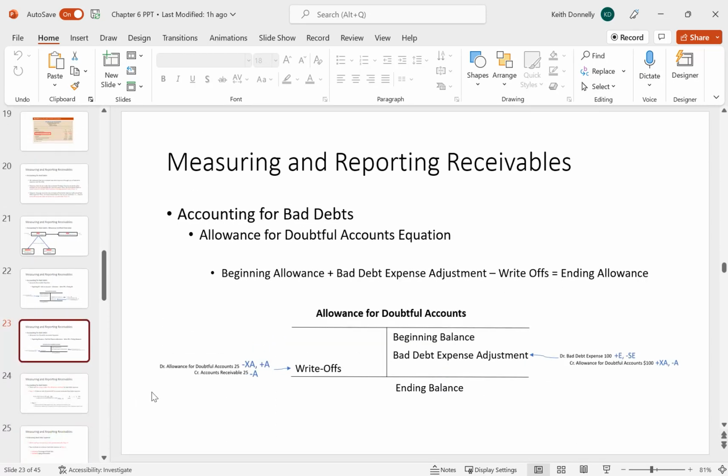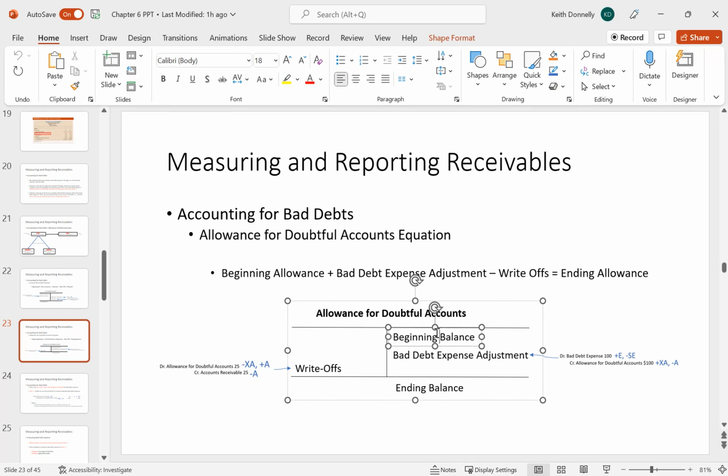Likewise, you're going to need to know the T account for the allowance for doubtful accounts. So this is a contra asset account. It offsets accounts receivable. Accordingly, it's going to have a credit beginning balance. Contra is the opposite. So an asset has a debit balance, contra has a credit. It's like Bizarro, right?